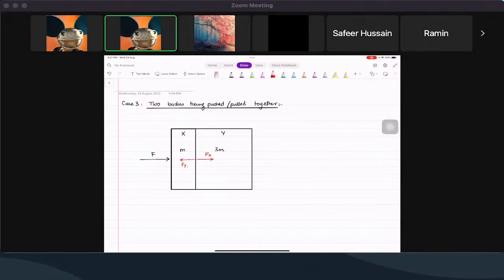Again, we have to do the same thing, and the first thing you should always do when two bodies are connected is to find the acceleration of the whole system. So I'm going to find that.